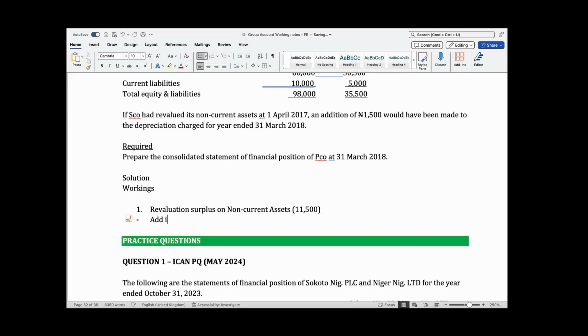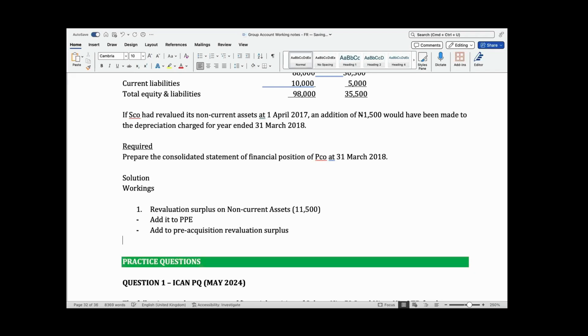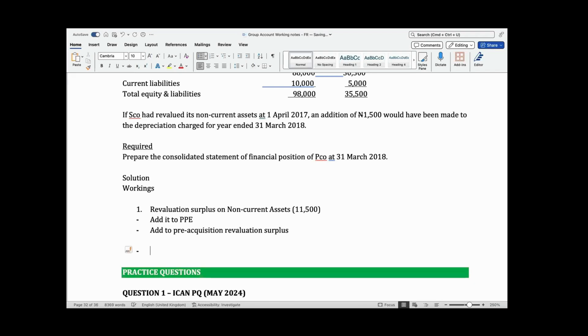We're going to add it to PPE, and also add to pre-acquisition. You add to pre-acquisition retained earnings.